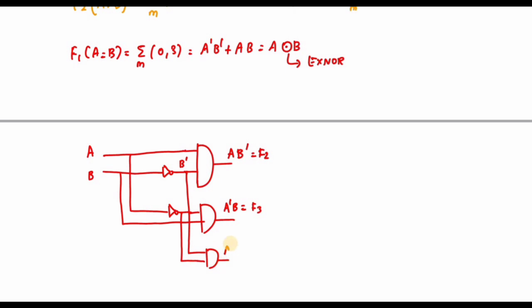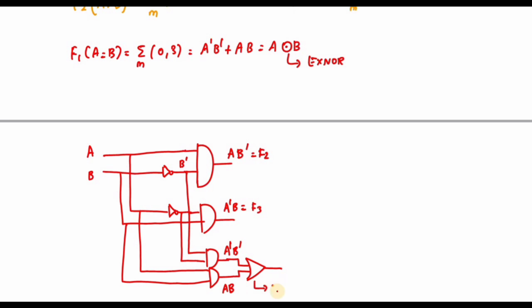So this is A bar B bar, and I want to get AB, so this is your A and this is your B. Then these two get added, so I am using an OR gate.